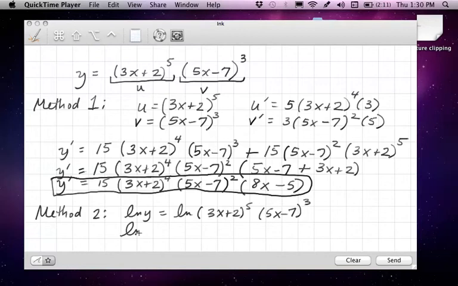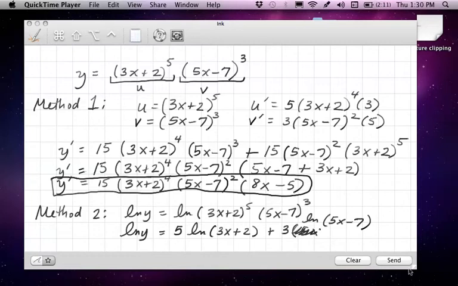So the left side is still going to be natural log of y, and then this ends up giving me 5 natural log 3x plus 2 plus 3 times natural log, 5x minus 7.